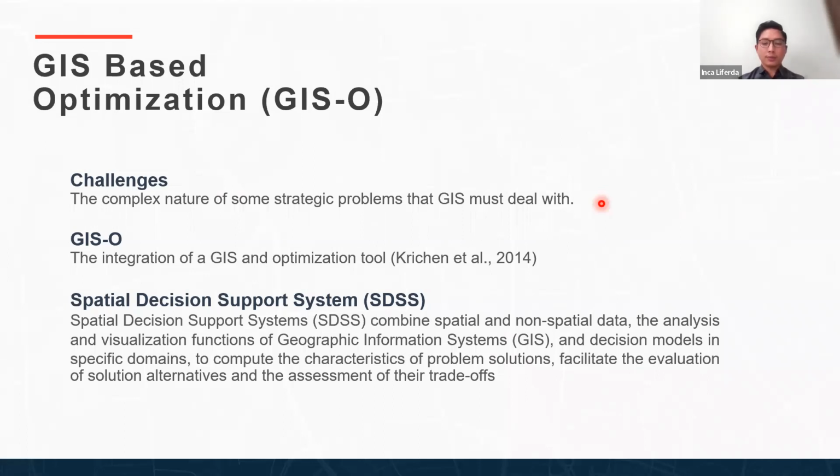In ArcMap, the software uses the Dijkstra algorithm for calculating the shortest path, and after that it solves the routing problems using the tabu search algorithm. So when we use GIS-based optimization, we use Dijkstra and also the tabu search algorithm.